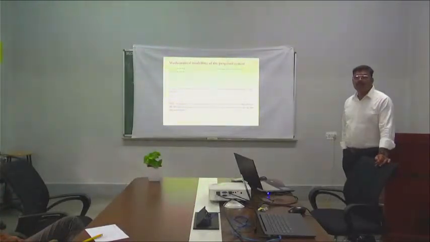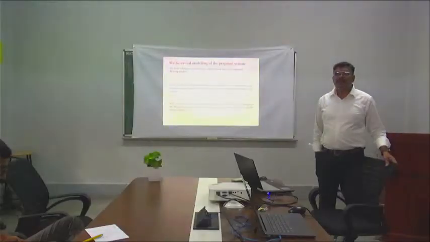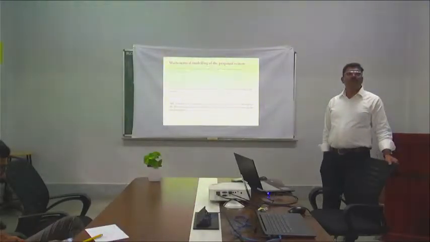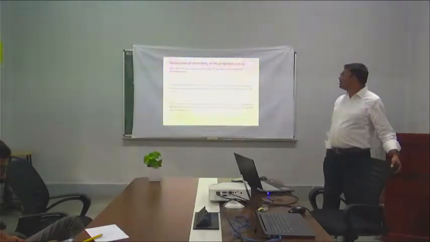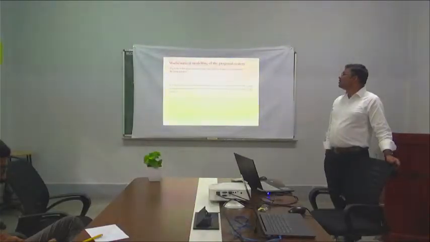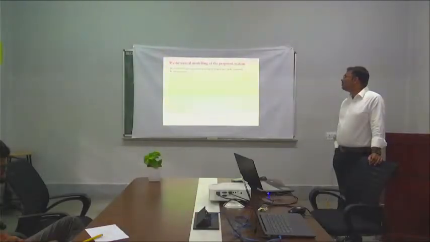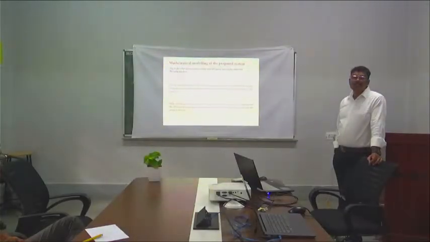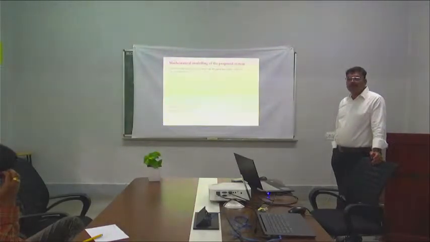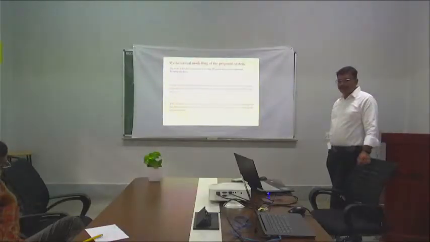When we talk about economical operation of the power system, these parameters come into the picture. Net present cost is also important. It is the total cost of the system throughout the project lifetime minus the present value of the total revenue generated during the project lifetime. That means how much revenue we generated.